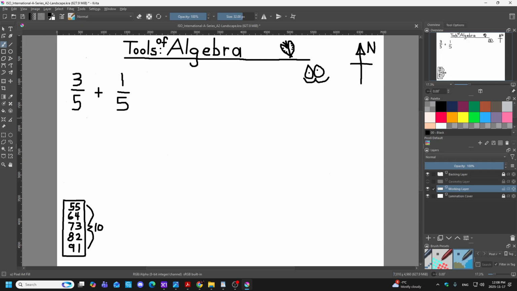The denominator shows how many equal parts the whole is divided into. So let's say, for example, I'll just do a square, and I'm not going to be very accurate, but here we go. Right now we have 1/2. So this is a whole, and we have 2 parts.